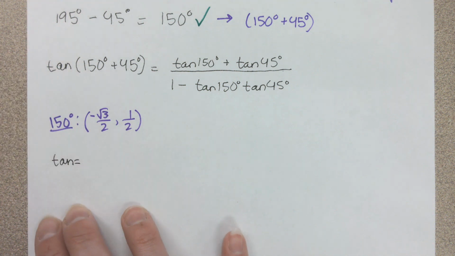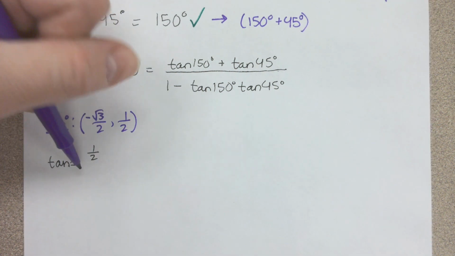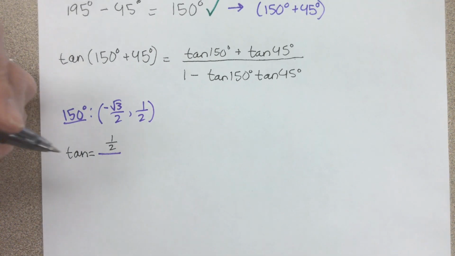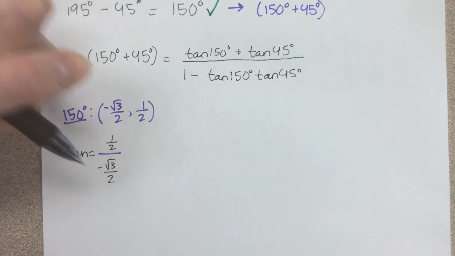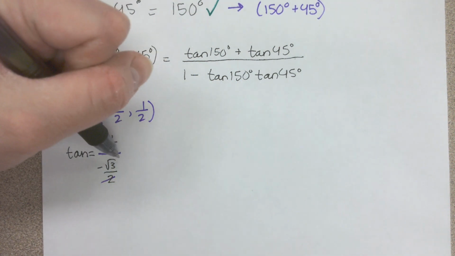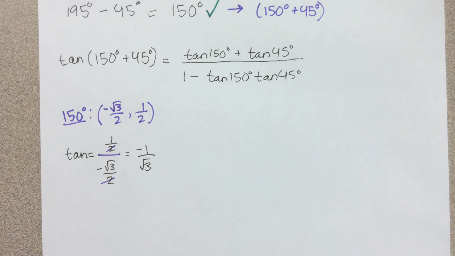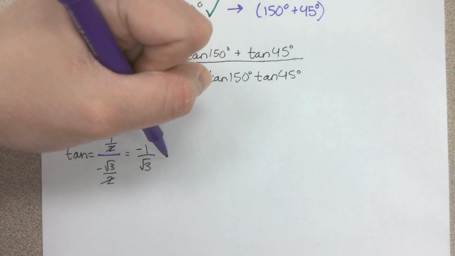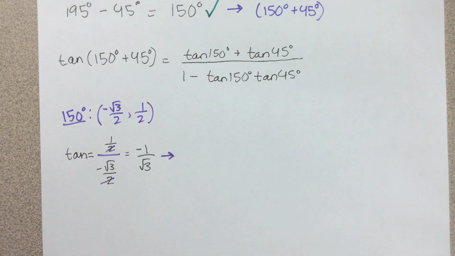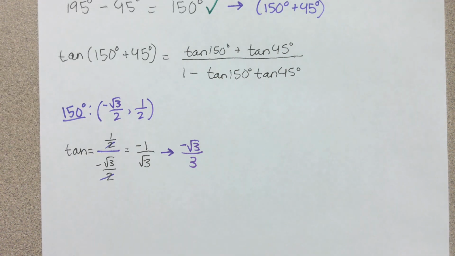So tangent is equal to 1/2 over negative rad 3 over 2. So that's negative 1 over rad 3. Just move the negative to the top of the fraction. And then I'm not going to show the rationalizing. Hopefully you can follow. That's just going to give me negative rad 3 over 3. Multiply top and bottom by rad 3.